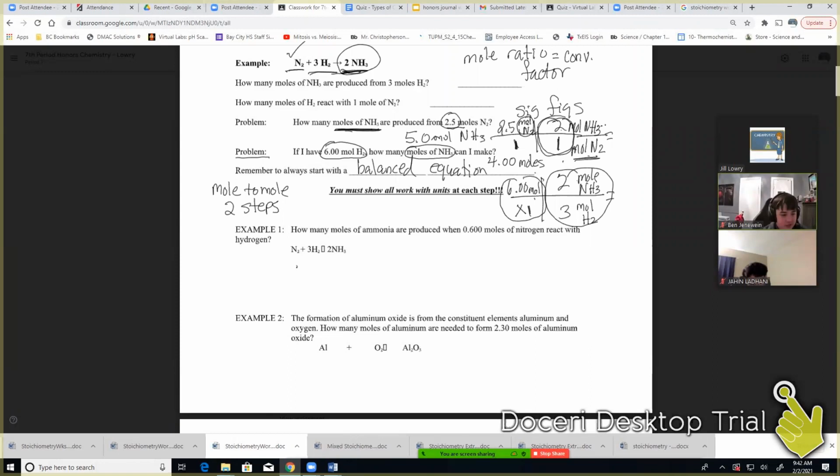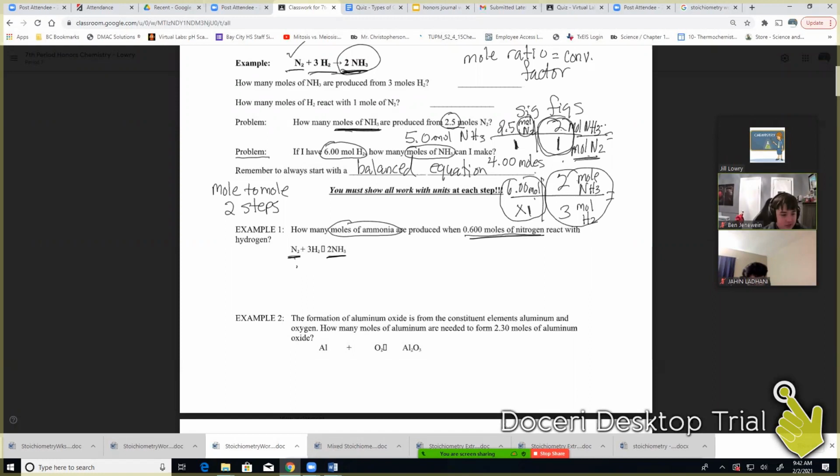All right, here's my equation, nice and balanced. That little box is supposed to be an arrow, but you get the idea. Okay, it says how many moles of ammonia, so there's my ammonia, NH3, are produced when 6 moles of nitrogen react.